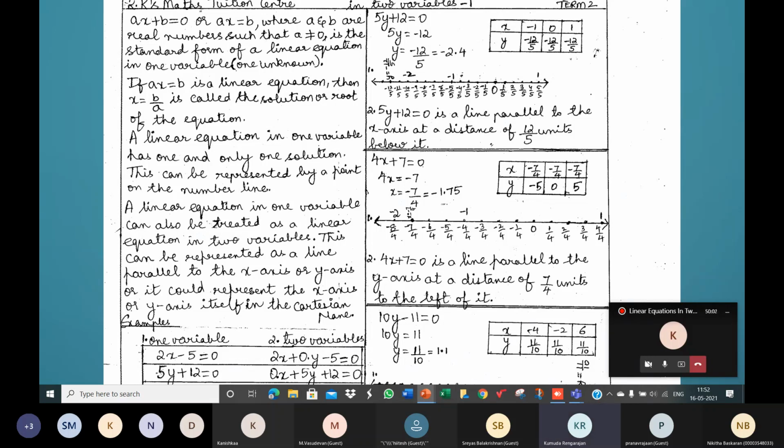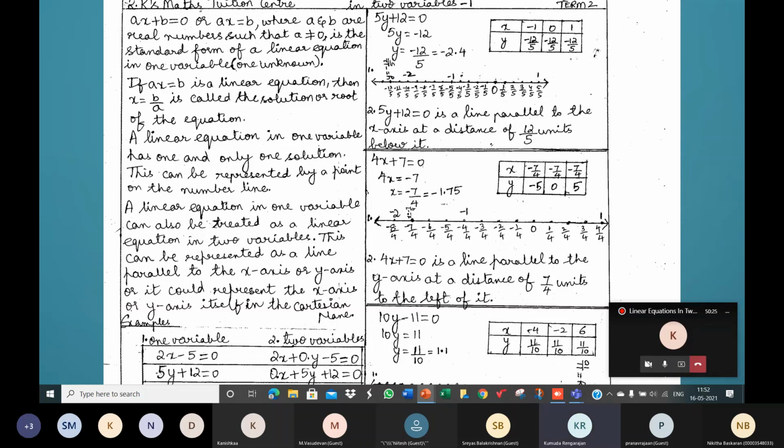Take the LHS, 3y plus 5. Use y as minus 5 by 3. So it will be 3 into minus 5 by 3 plus 5. The 3 and 3 will get cancelled. Minus 5 plus 5 is 0. RHS is 0. LHS is equal to RHS.